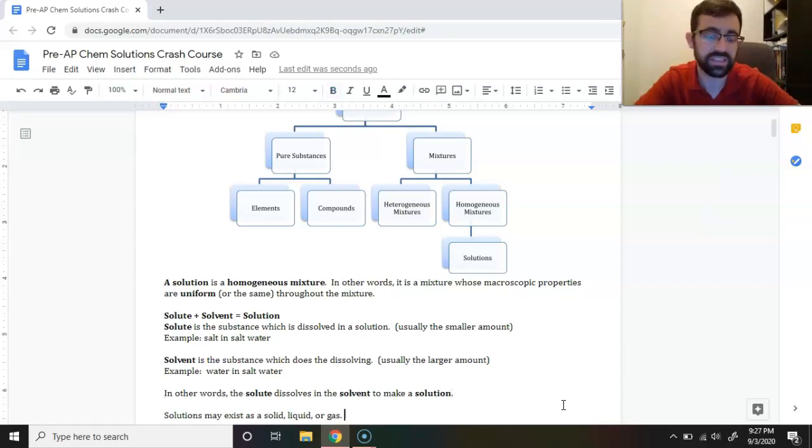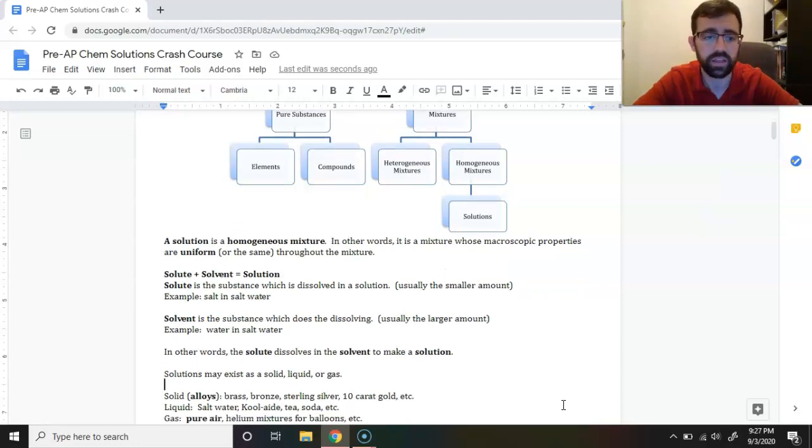Solutions can exist in all three common states of matter. It could be a solid, liquid, or gas solution, or a mixture of any of those. Let's talk about a few examples. Solid solutions are usually called alloys. Those are mixtures of metals. A lot of times the way you form it is by melting a metal down, mixing it together in a solution, and then it will harden.